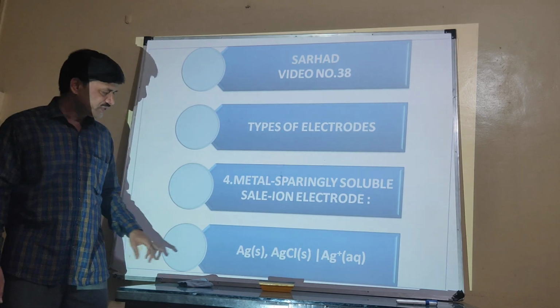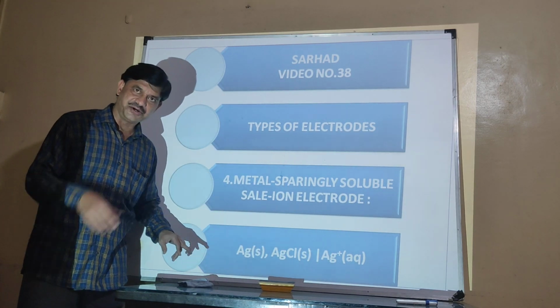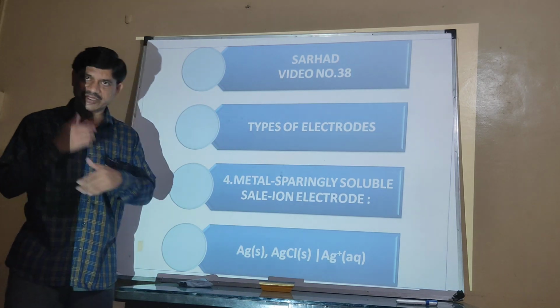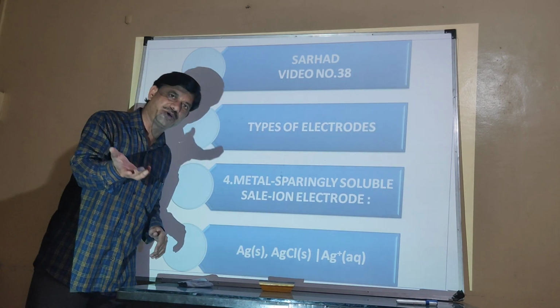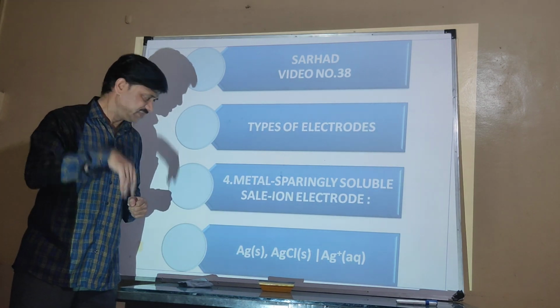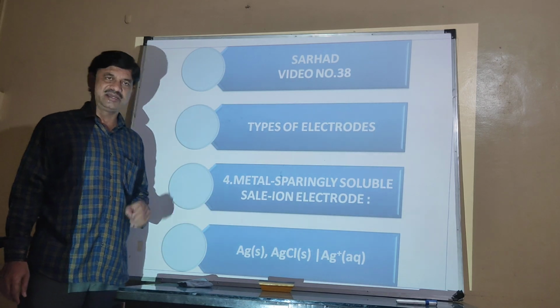Check the example: silver metal. What about AgCl? It is a sparingly soluble salt in direct contact with either Ag+ ion or Cl- ion. When it is reversible to Ag+, it becomes a cation electrode. When it is reversible to Cl- ion, it becomes an anion electrode.